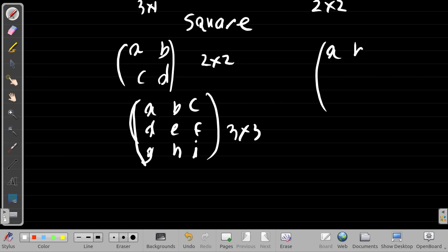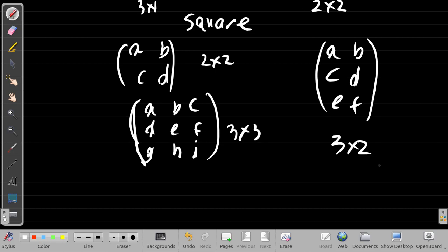Suppose you have A, B, C, D, E, F. Is it a square matrix? Remember the square: the width and height must be the same. It's not a square. It's a rectangular matrix, yes, but it's not a square, because you have 3 rows by 2 columns.